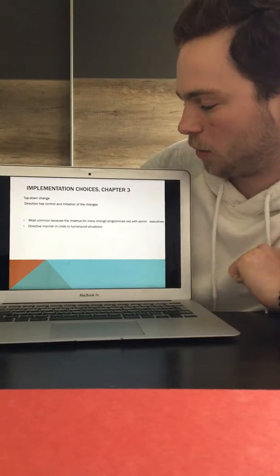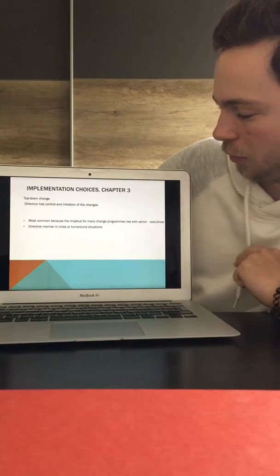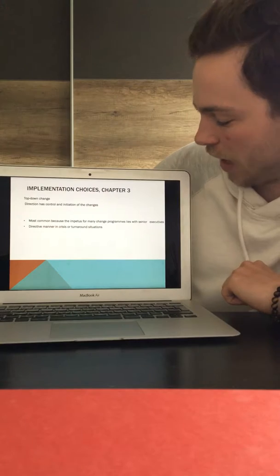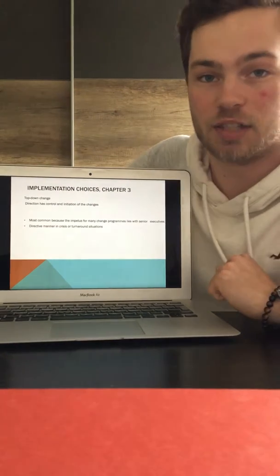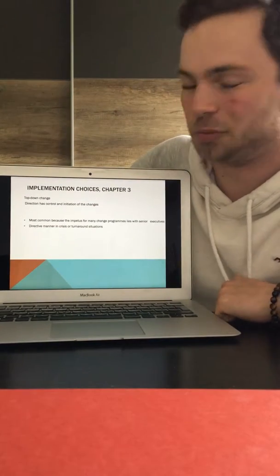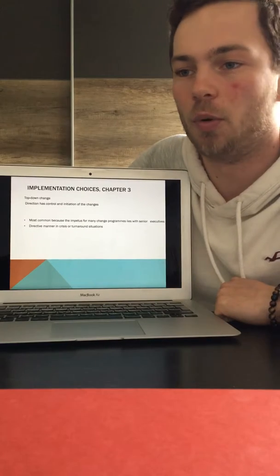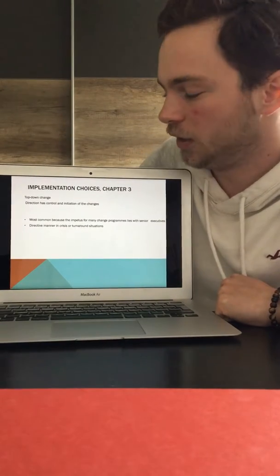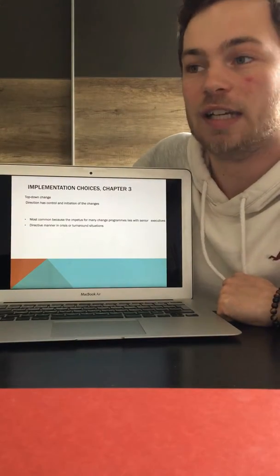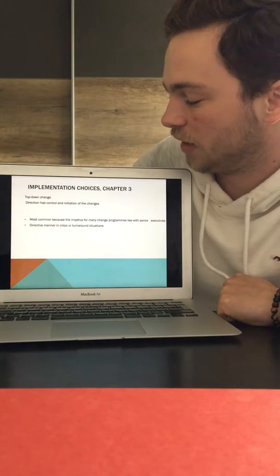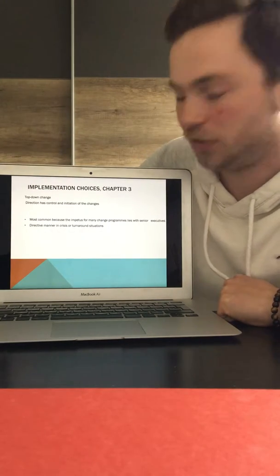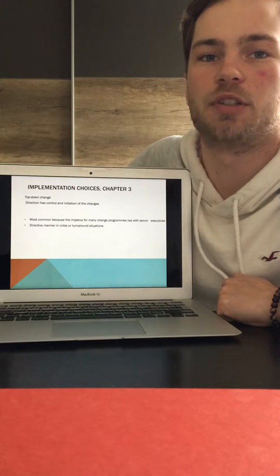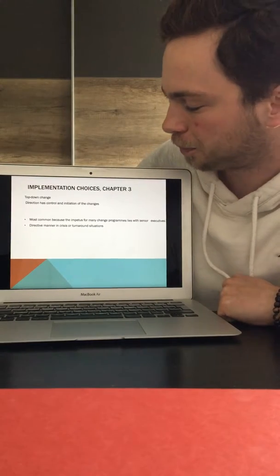This one is the most common because the impetus for many change programs lies with senior executives. This is probably explained because they are responsible for the future of the company. So if something needs to be changed, it lies in the hands of the executives and not as much in the hands of the employees.